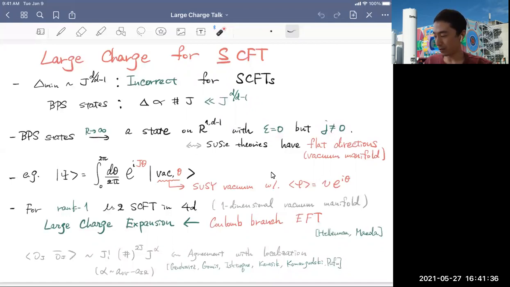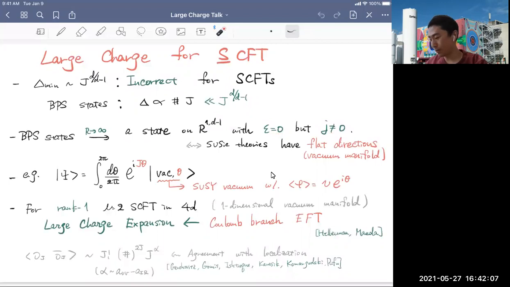Normally, if you just consider a generic state in a generic field theory, and you want to create a state with finite charge density, then you need to put some matter on top of the vacuum, and that is going to create energy density. But in the case of supersymmetric theory, because supersymmetric theories have flat directions, or in other words, vacuum manifolds, you can basically construct a state for which the energy is 0, but J is non-zero.